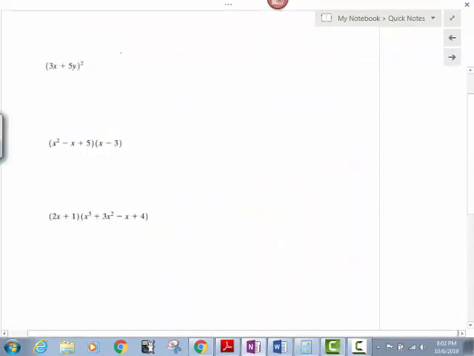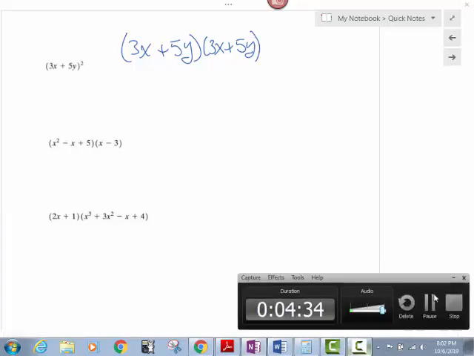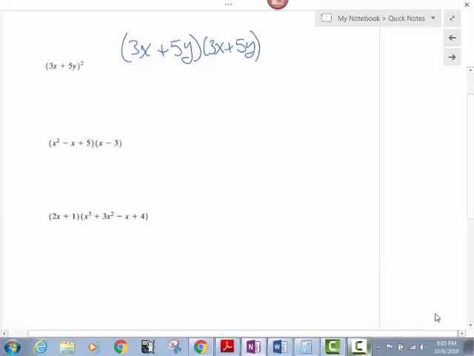Alrighty. Let's see, 3x plus 5y squared. Again, I'm going to write it twice. 3x plus 5y and another 3x plus 5y. Okay. Alright.